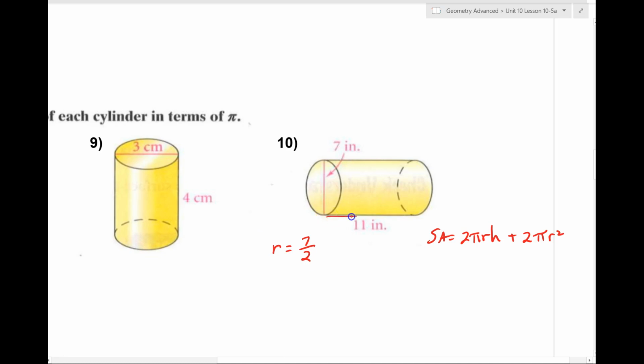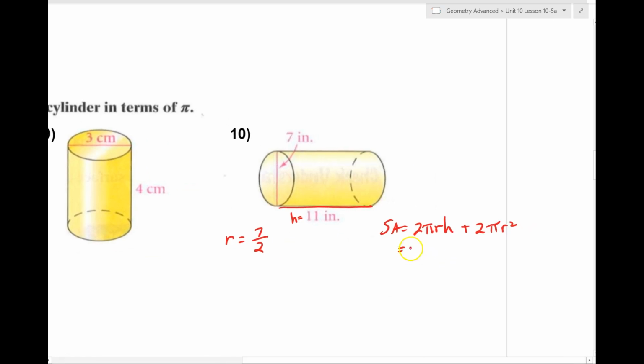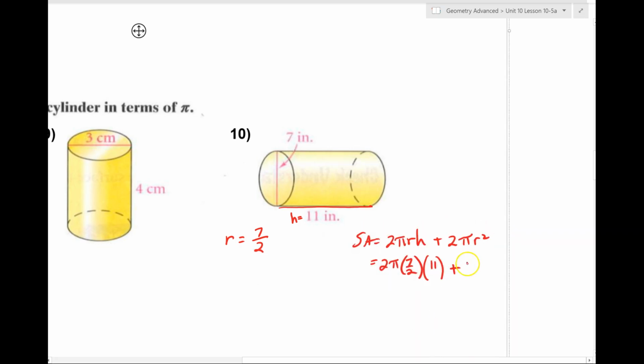Our height is just the length, or I can say the segment that's perpendicular to both bases, and that's going to be 11. So then we just got to plug it in. So we got 2 pi times 7 over 2 times the height of 11 plus 2 pi, and my radius is going to end up being 7 over 2 squared.